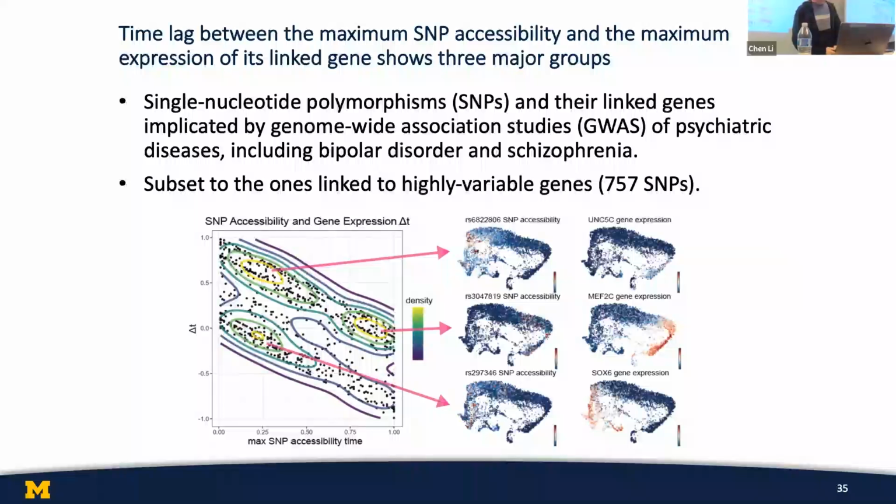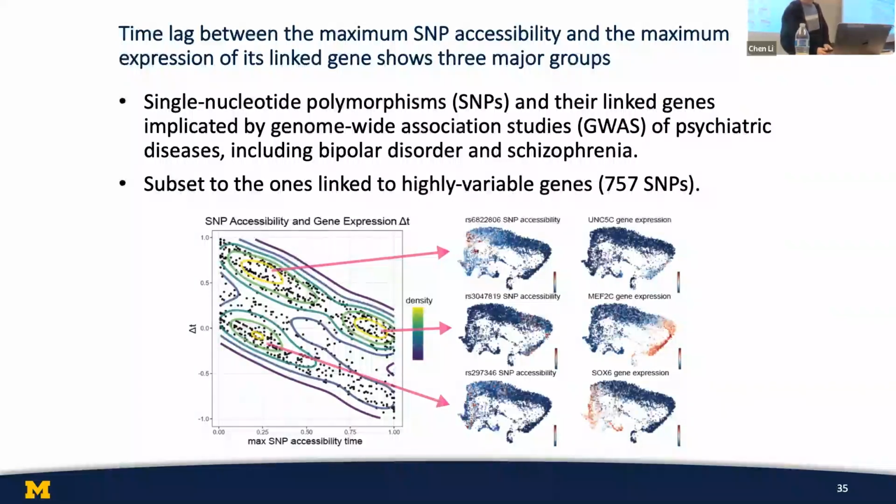So the x-axis is the maximum SNP accessibility, and the y-axis is the time of the maximum RNA expression minus the maximum SNP accessibility. That means if the value is positive, RNA is expressed later than the accessible SNP. And if it's close to 0, then they match very well.